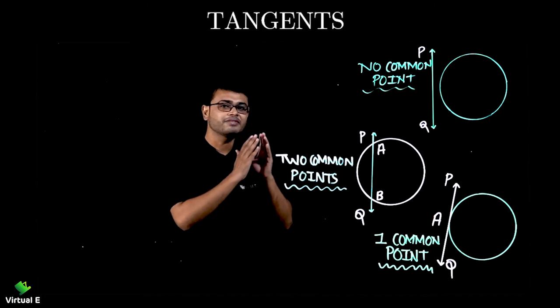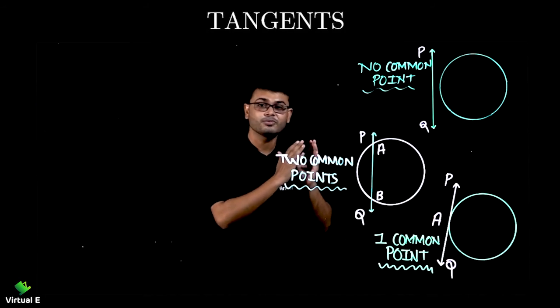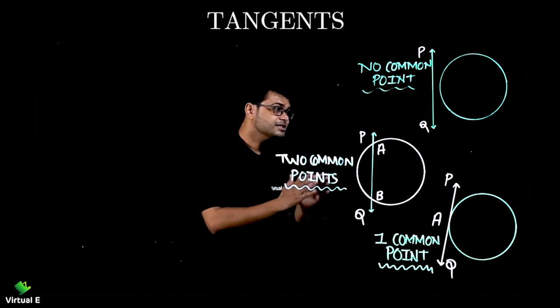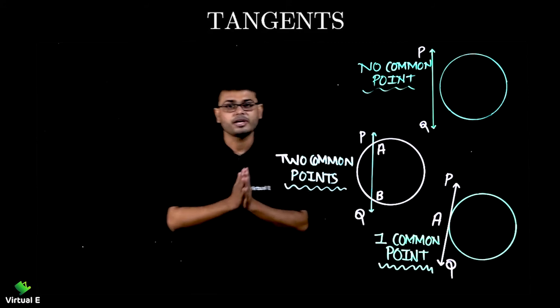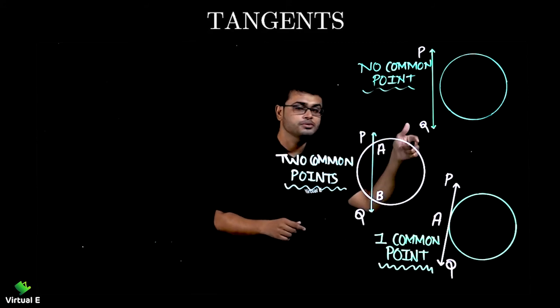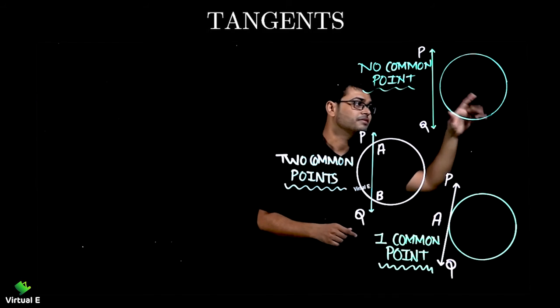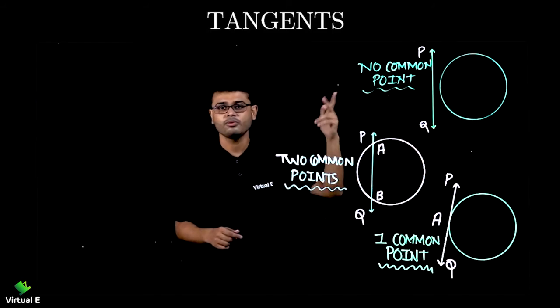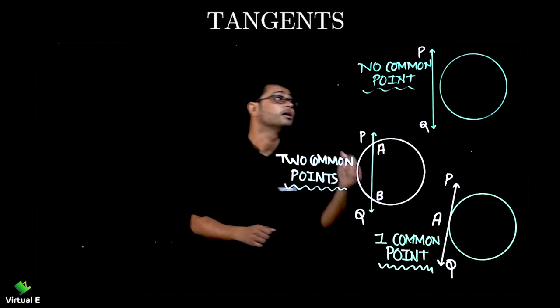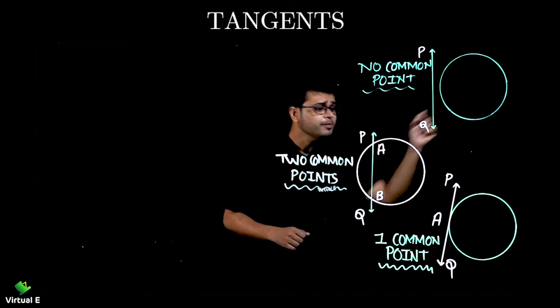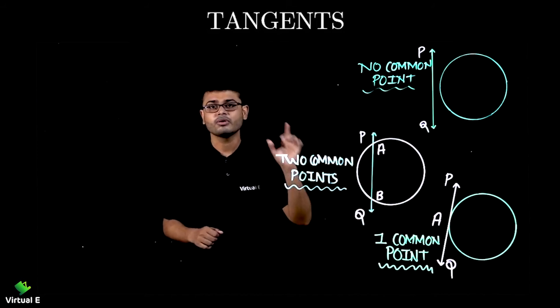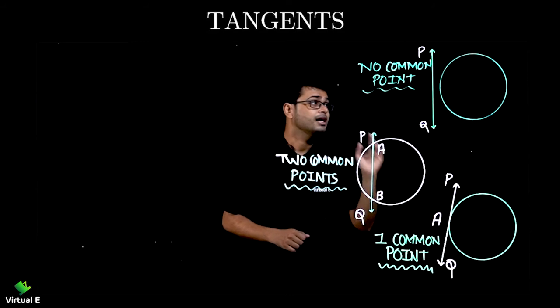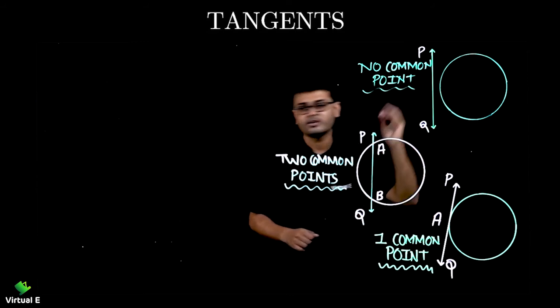So before we start discussing tangent, let's discuss a few concepts first. I have one line, which is PQ, and another, a circle with center, anything you can say, A, O, B, C, anything will work. So there are 3 possible cases when we talk about a line and the circle. Either the line will be outside of the circle.